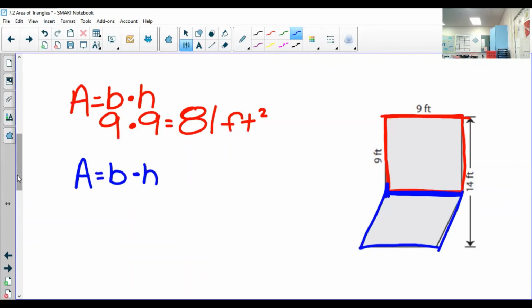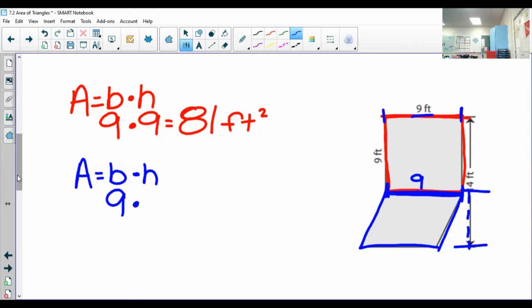But this distance right here, from here to here, is the same as here to here. And if this is 9, what can we assume this down here is? Also 9, right? So my base is going to be 9 times, well, now we have to figure out what our height is. The height is going to be this distance right here, from here to there.